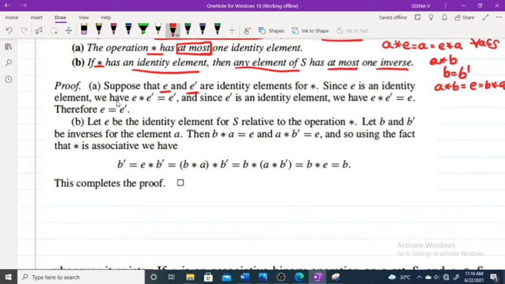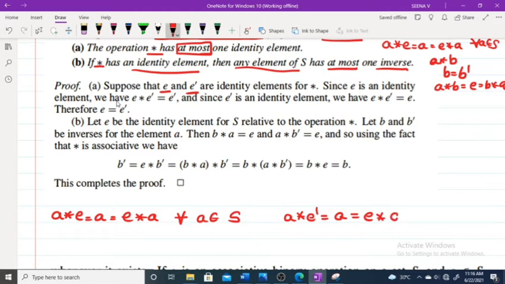Given e is an identity element, therefore a star e equals a equals e star a for every a belonging to S. And here we are supposing that e dash is another identity element. That means a star e dash equals a equals e dash star a for every a belonging to S.